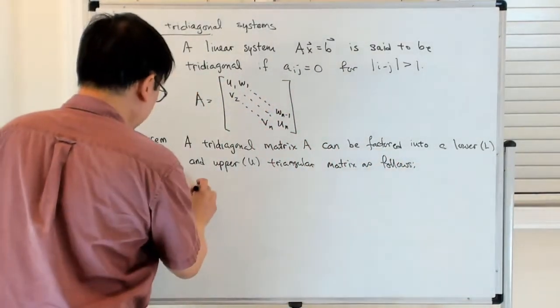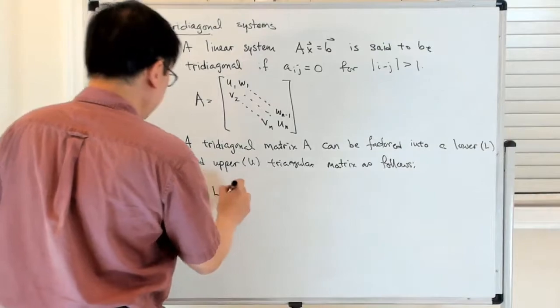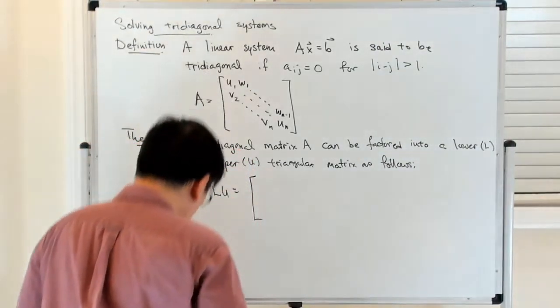Okay, so I can write A is equal to LU if A is tridiagonal, and it has a very particular form.